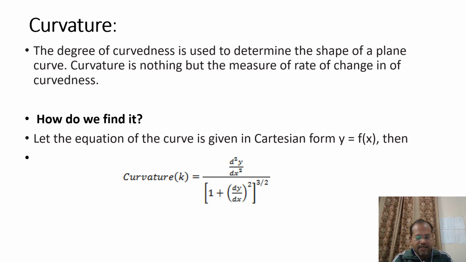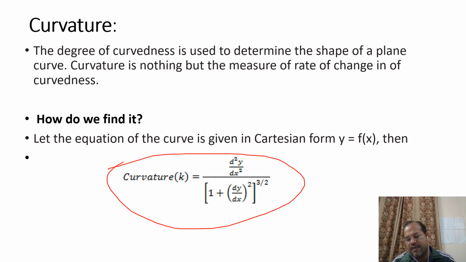There is also the idea of curvature. What is curvature? If you want to find how much a curve bends, that is called the curvature, and this is the formula for finding the curvature of any curve. You can find the curvature of any curve by using the first and second derivative.